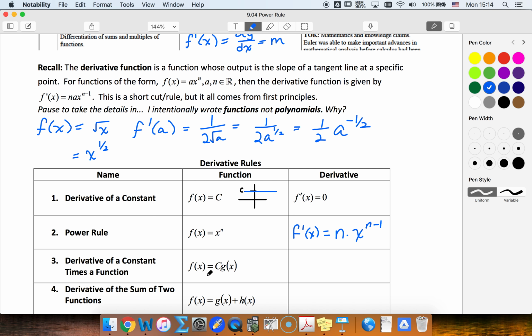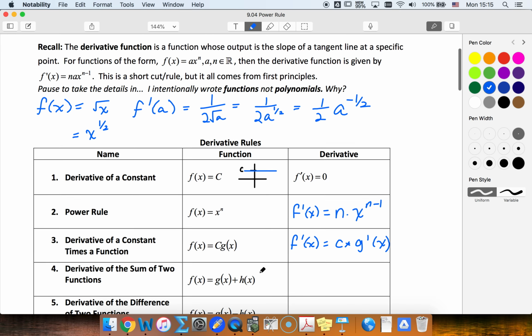If I have a constant in front, so if f of x is some constant times g of x, then the derivative of f of x is that constant times the derivative of g of x. So the constant is going to stay there.